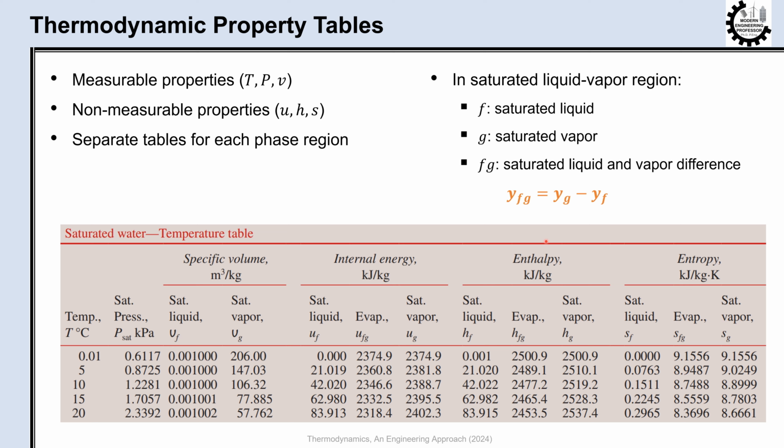Algebraically, it can be written as y_fg equals y_g minus y_f, while y could be any of the following variables: specific volume, internal energy, enthalpy, or entropy. Later in this lesson, we'll learn how to use property tables effectively in several examples.